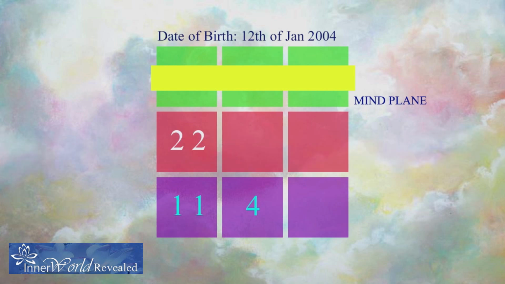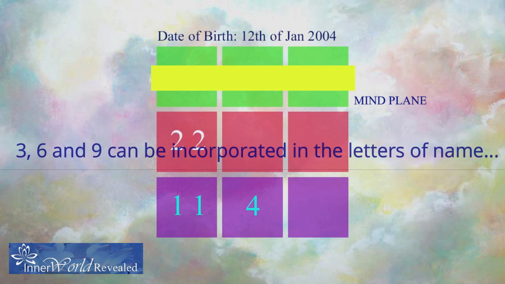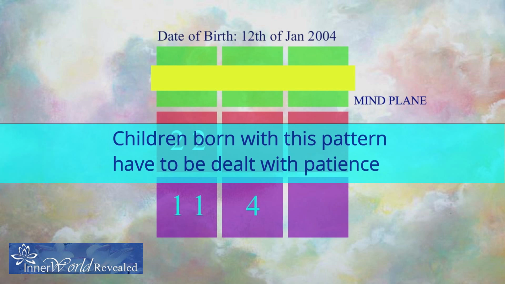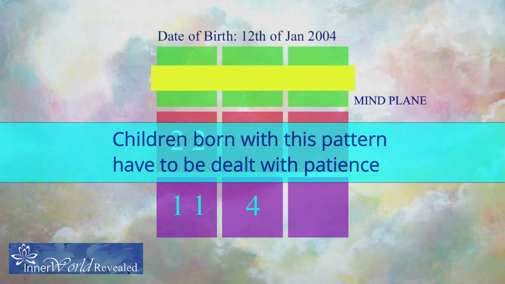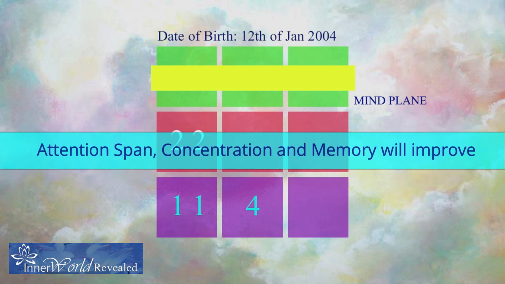Another way of countering this is incorporating the missing numbers in some way in the letters of the name. Children who are born with this pattern would need some special training, and the parents will have to be very, very patient with them. I know it is tough, but the parents have to show a lot of patience in developing their attention span, concentration, and memory.